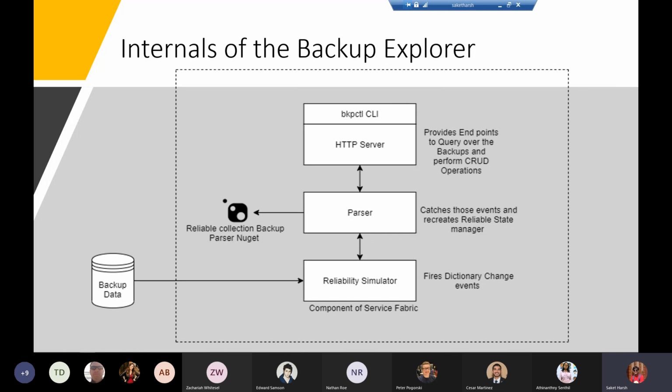On top of this parser, we have an HTTP server that takes in a config file, which contains the location of the backup, all the required DLLs and everything needed to understand the backup, and then exposes HTTP endpoints from which we can do all the operations supported on the dictionary. Adding elements to the reliable dictionaries, updating them, and deleting key value pairs are all supported on the HTTP endpoints. This provides a very easy way for users to interact with the dictionaries present in the backup.